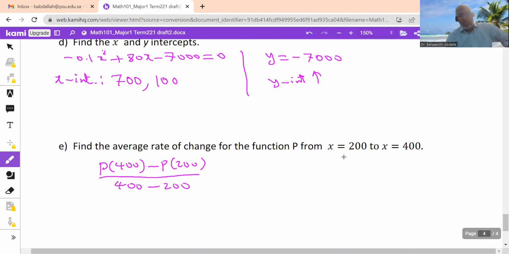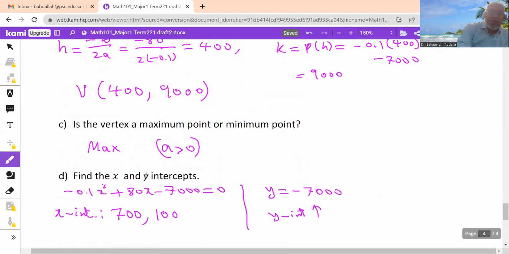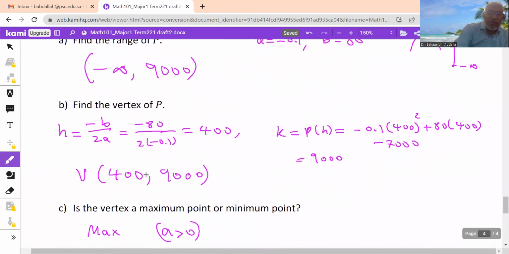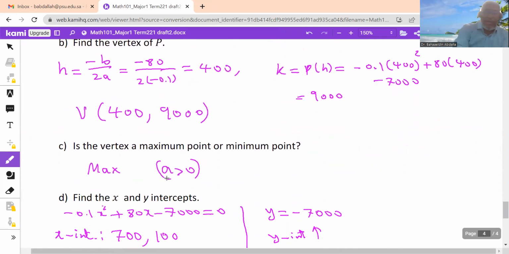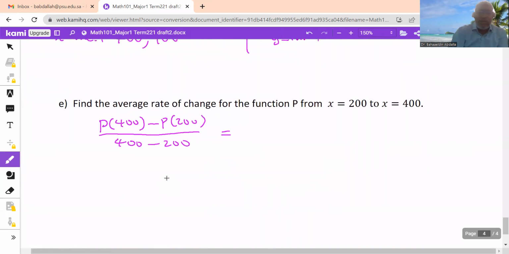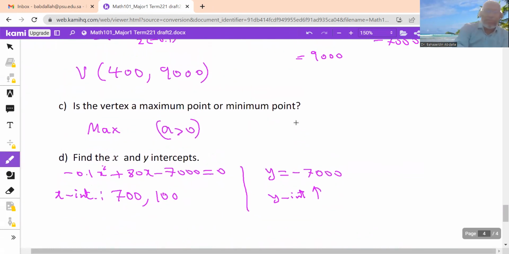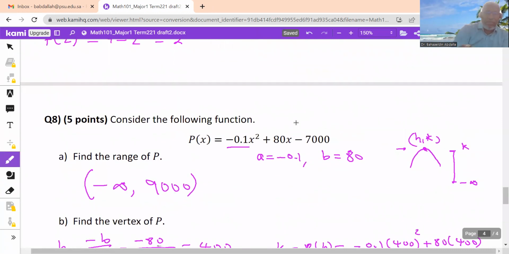So usually this is x1, this is x2, and you need to find y1 and y2. Already when h is 400, k is 9,000. So I know p(400) is actually 9,000. But p(200), I don't have it.